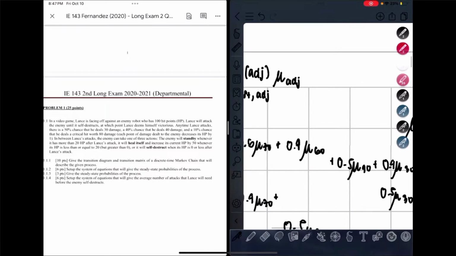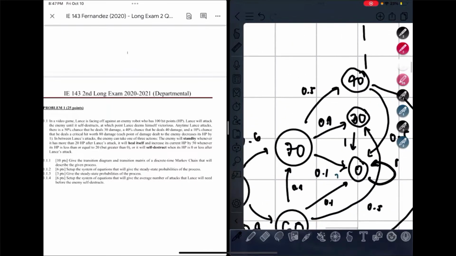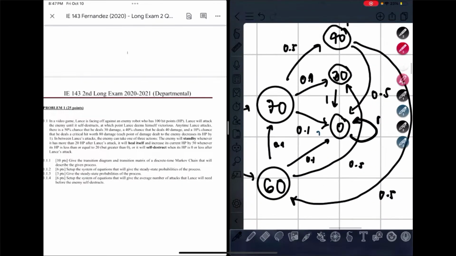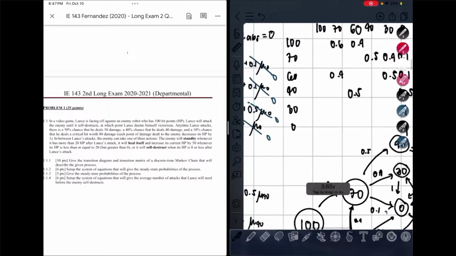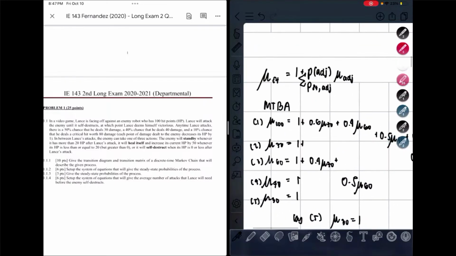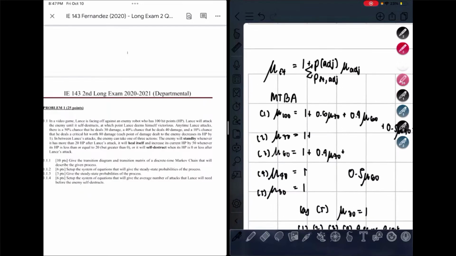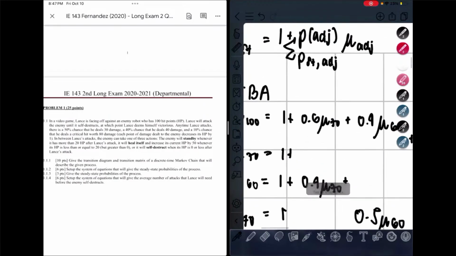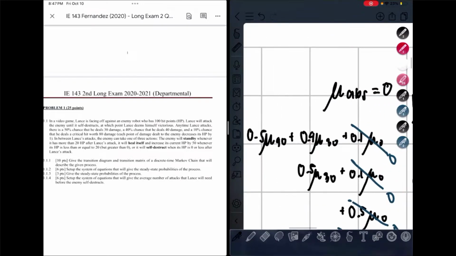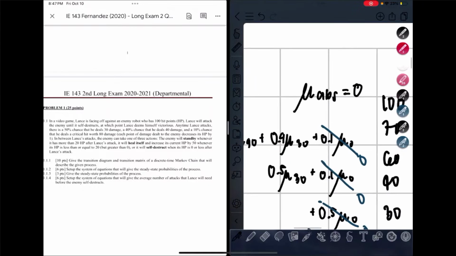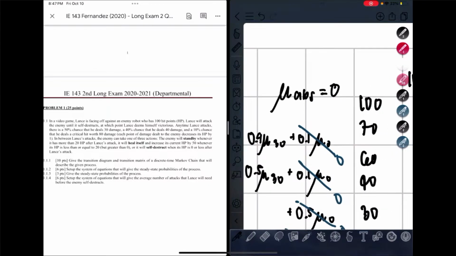Mu 60, going back to our state diagram, this can either go to 70, 0, or 30. Looking at that just means you have 0.4 chance going to mu 70, 0.5 chance of getting to mu 30, and then 0.1 chance of going to mu 0.